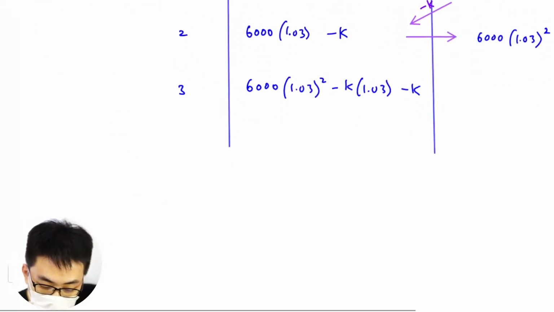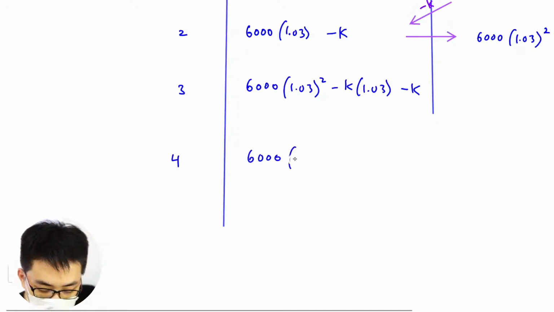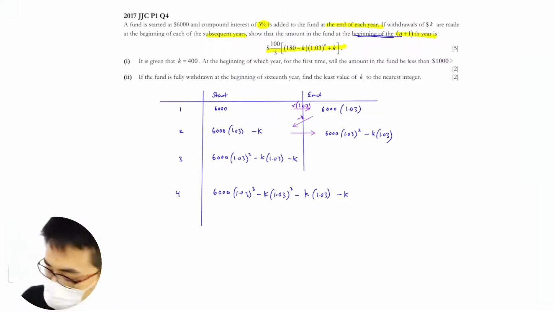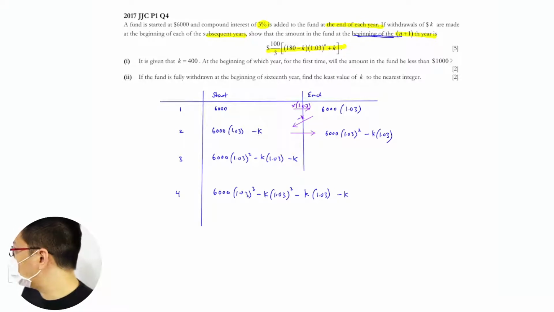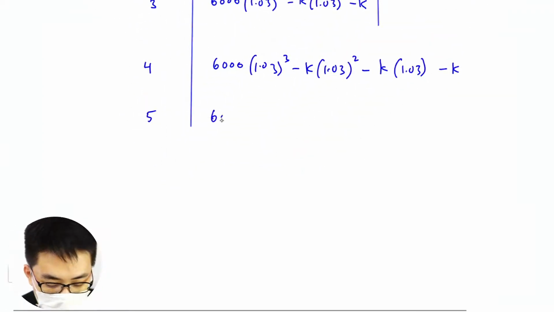So you can write down the next one for this one here: 6,000 times 1.03 cube minus K times 1.03 square minus K times 1.03. Then the fifth one, what will it look like? If you can't see the pattern, just write it down. It's fine. It's GP and pattern recognition.